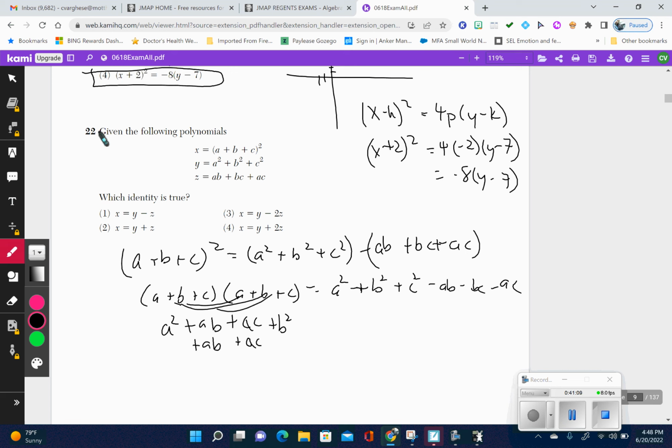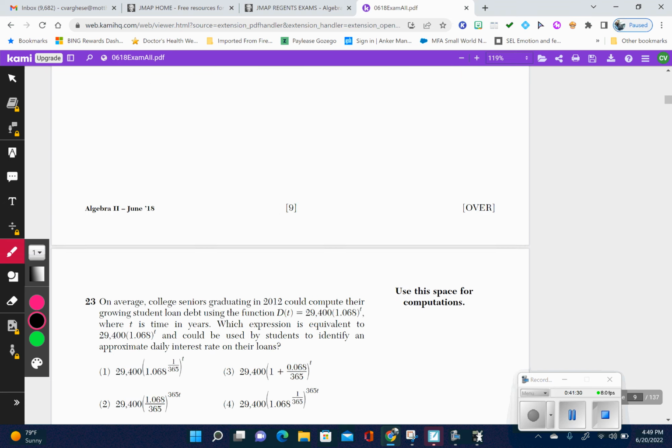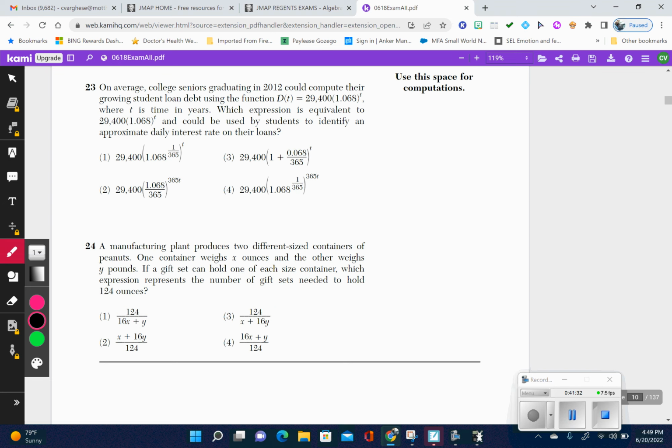This is going to be cb, so plus cb. So there's going to be two of them in there, so that's not going to be the same. The one that is going to be the same is choice 4. That's going to take me a very long time to do, but it's going to be y plus 2z. Yeah, work through that. That's going to take a while to do.